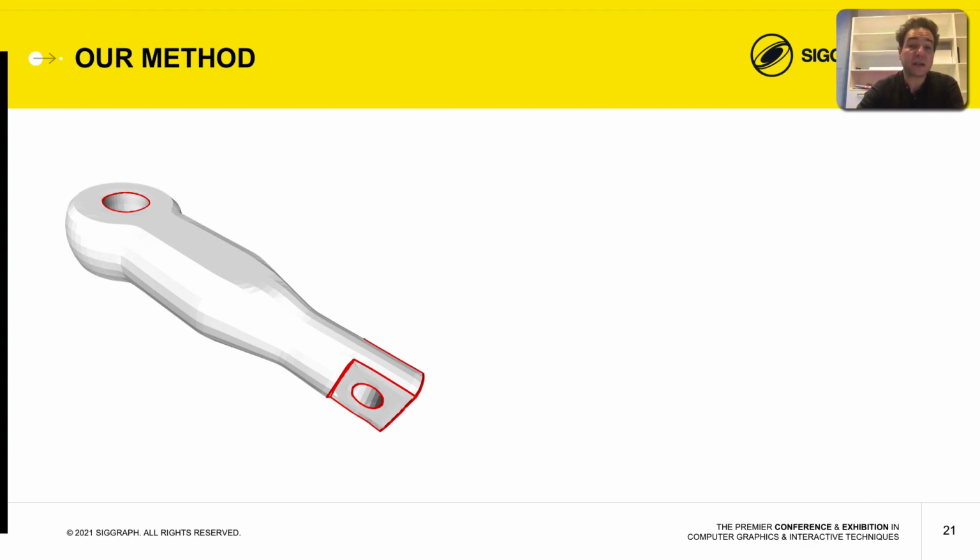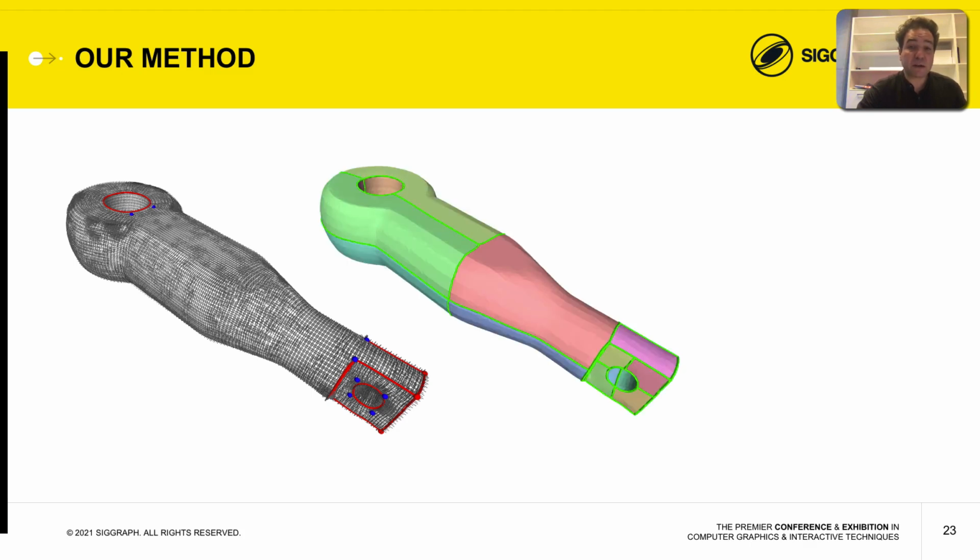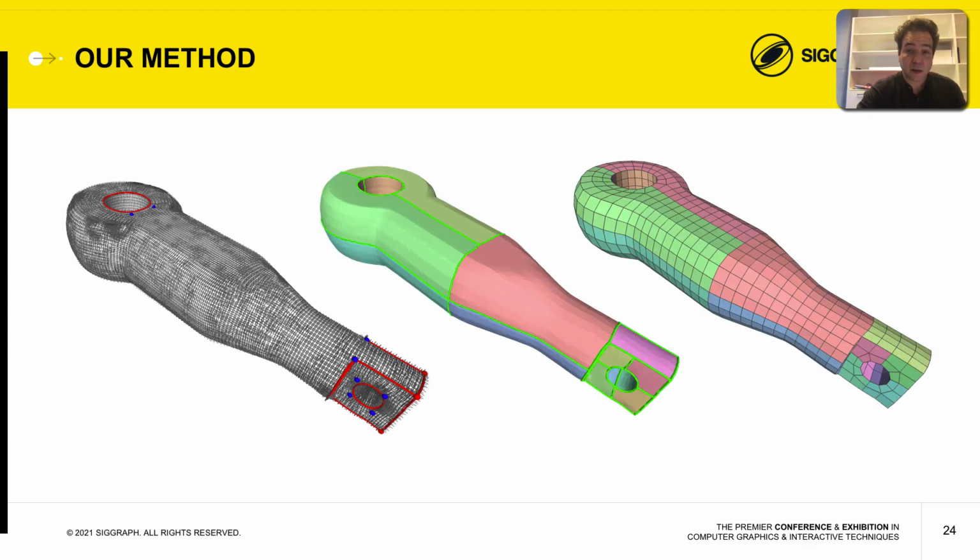We start with a triangle mesh with marked feature lines, and then we construct a cross field with state-of-the-art methods, using, for example, the method proposed by Diamanti and colleagues. Then we derive a patch layout, and finally, we tessellate each patch individually, but in a way that they are globally consistent across the whole mesh.